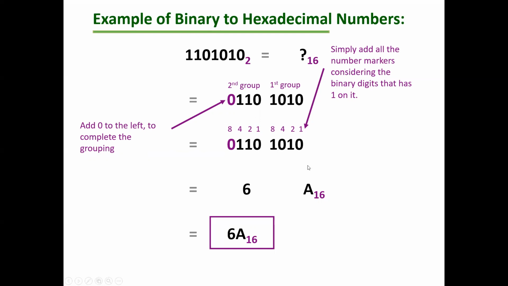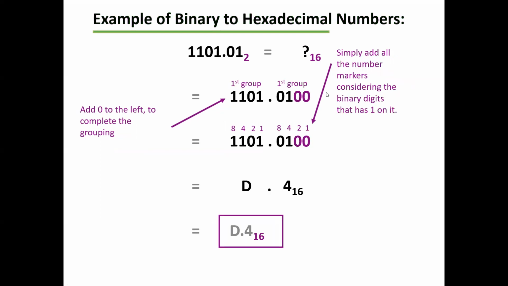Instead, i-convert mo yung 10 sa equivalent digit ng hexadecimal, which is A. Kaya A ang ating answer dyan, at hindi po 10, ha? And then for our second group, ang naka-on na switches ay 4 at saka 2. 6 ang total niyan, kaya yun na kukunin natin. So, ang answer niyan ay 6A with the base 16 at hindi po 610, ha?